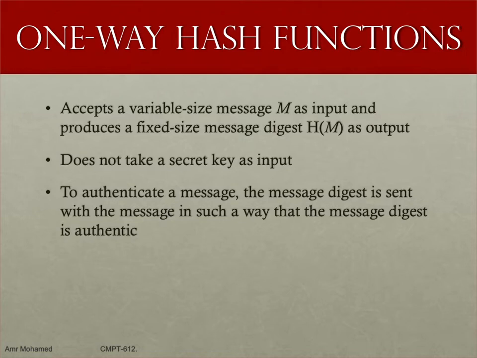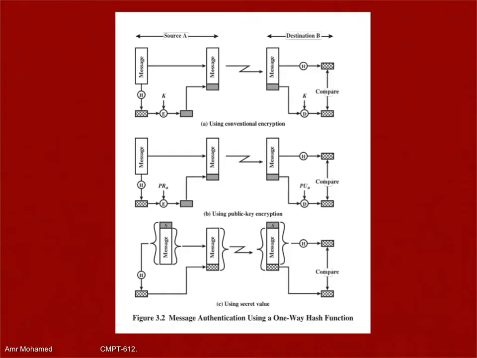To authenticate a message, the message digest is then sent with the message. We know how to do that. But then we can encrypt the whole thing, or we can do some kind of encryption to authenticate the user using the key. That will be a separate step. We'll see how to do that.